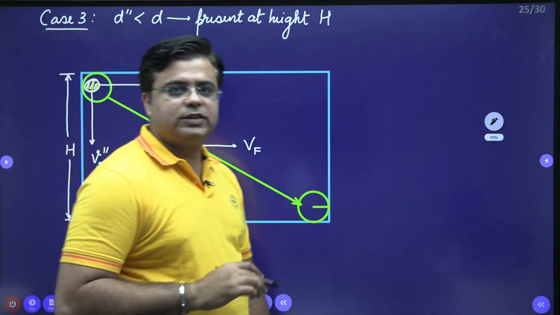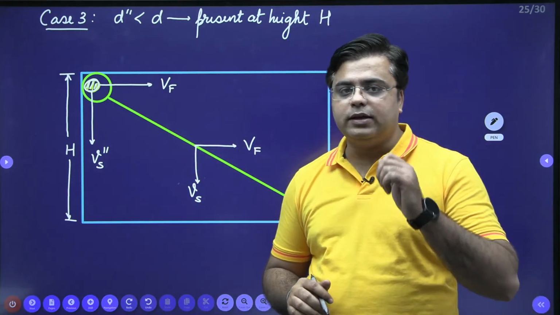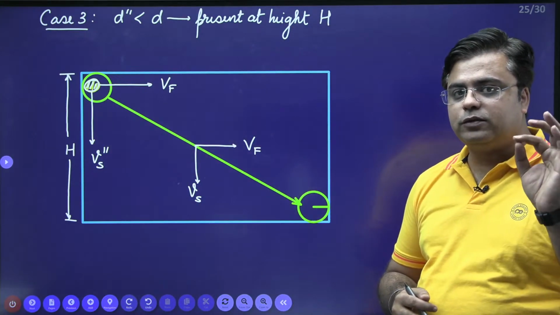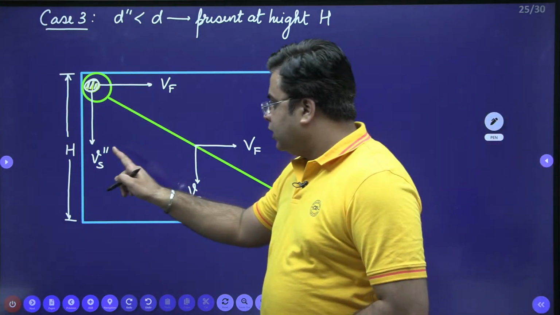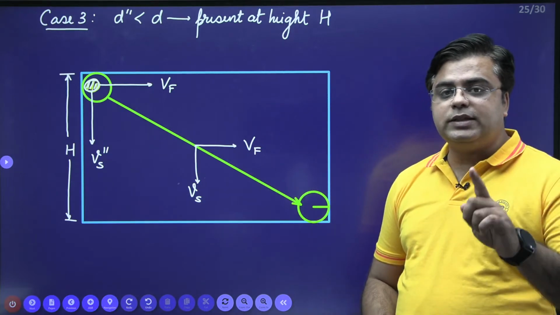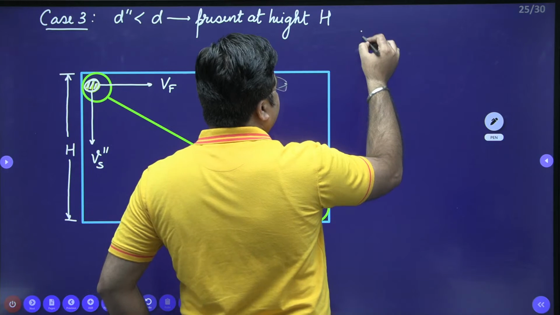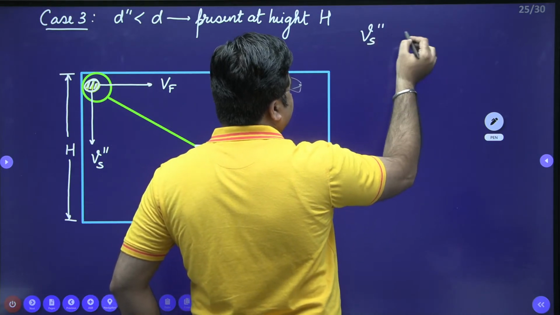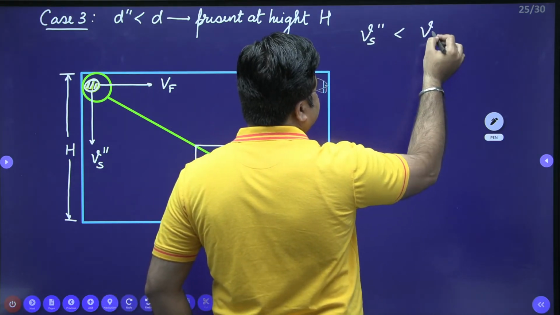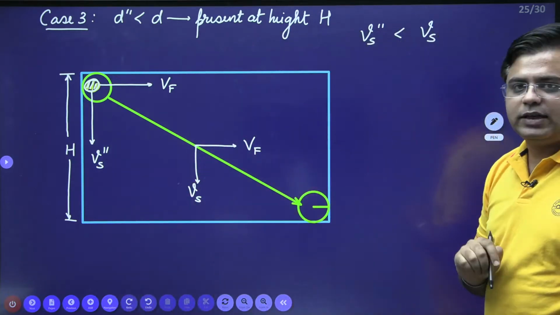Vs double dash is the settling velocity of the particle of size smaller than the concerned size. Now observe this very carefully. This settling velocity of the smaller particle will be less than the settling velocity of the concerned size of particle. It means that Vs double dash is less than Vs, which is the settling velocity of the concerned size of the particle.